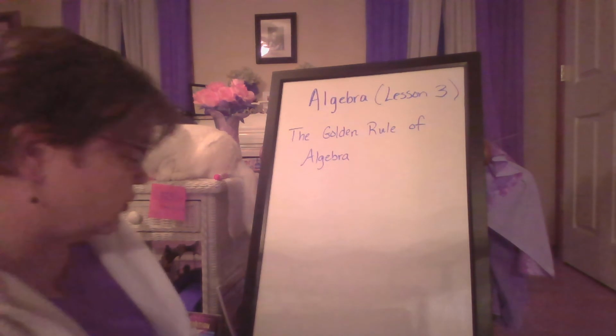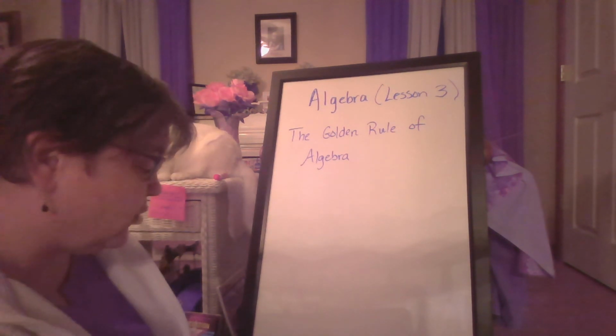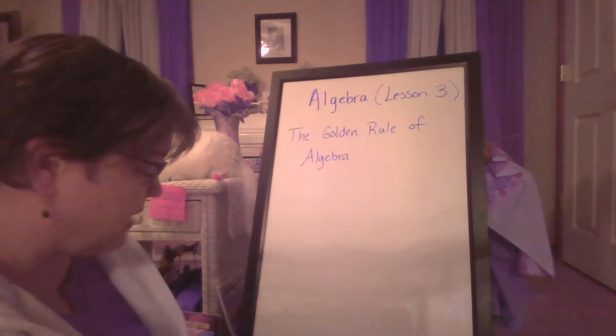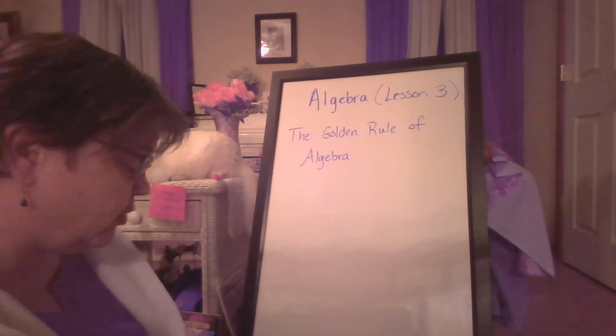So the golden rule: if we change the value of one side of an equation, we must change the other side by the same amount. It's a little bit like a scale.